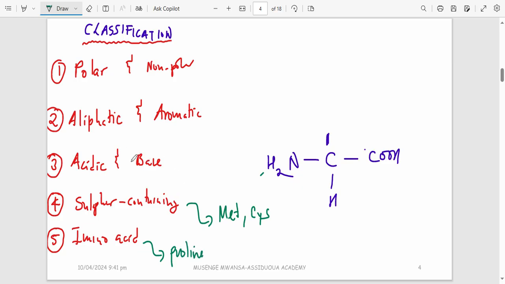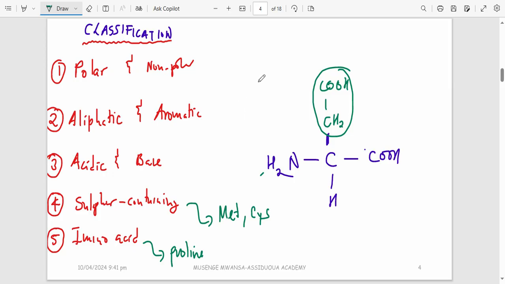Acidic and basic amino acids depend on the kind of group that you have. Those which have got COOH are acidic. For example, aspartic acid is like this, CH2 and then COOH. This is aspartic acid. So this one is an acidic amino acid.